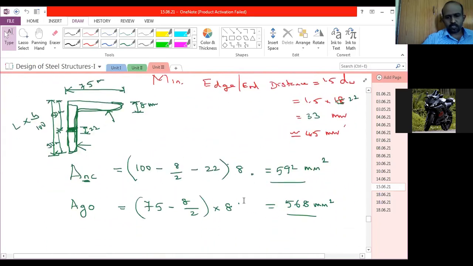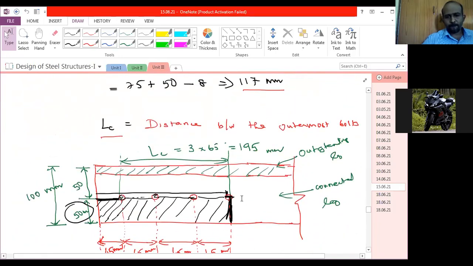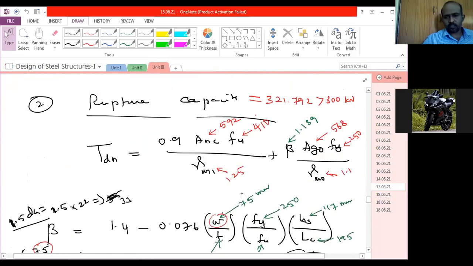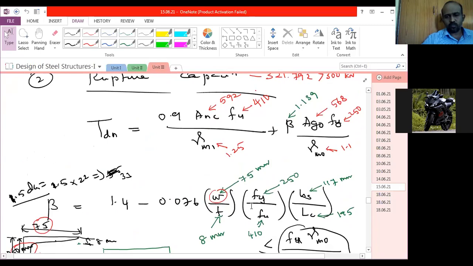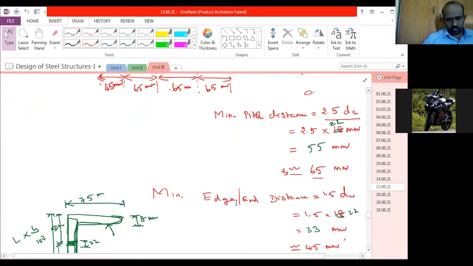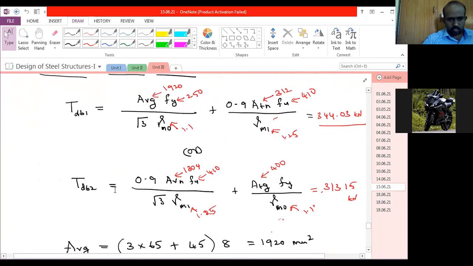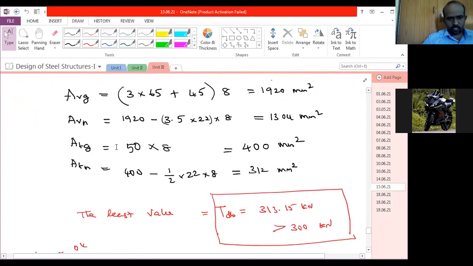Rupture capacity is also coming as greater than 300 kilonewton. Am I right? Where is it written? It is written here. Rupture capacity 321.792. That is also greater than the design load. Am I right? Finally, we have calculated block shear also. Some of the notation seems to be difficult, but many times we have discussed.